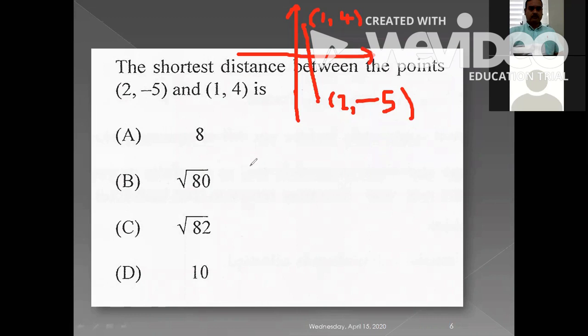The shortest distance between 2 places, you know. For example, you guys use a lot of shortcuts.